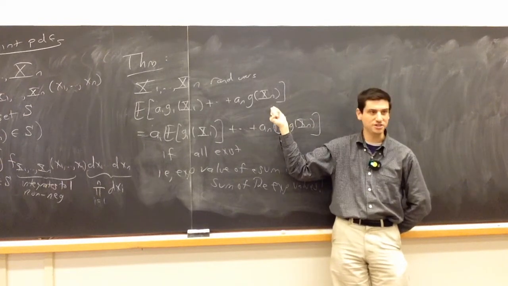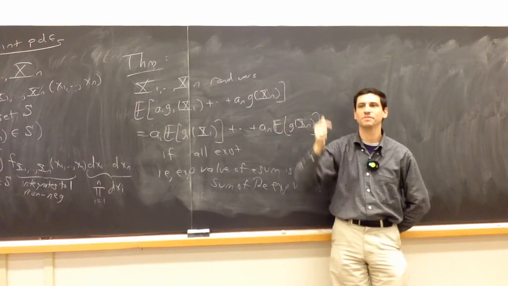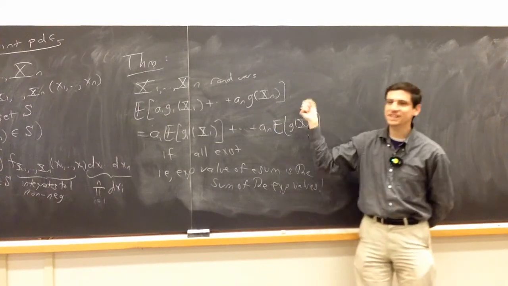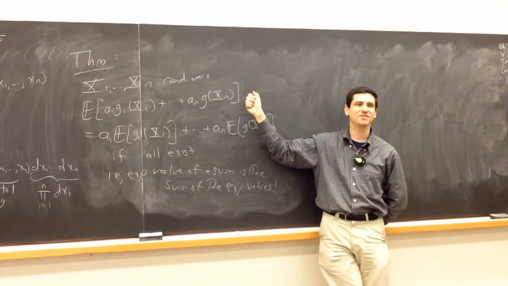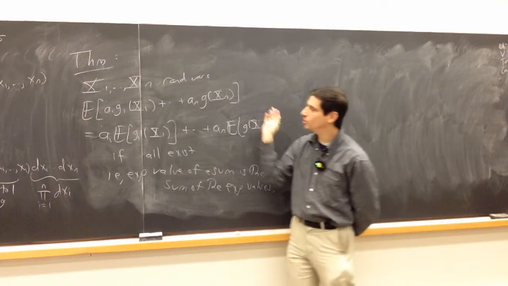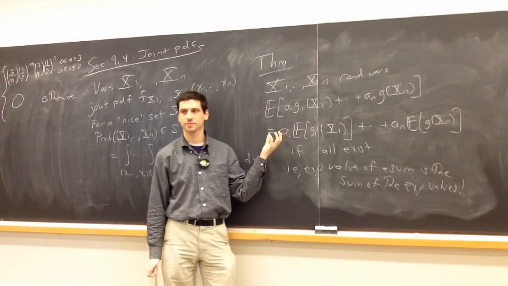I mean, it makes the proof a lot easier. Why don't we just assume that they're independent? It greatly limits its usefulness if they have to be independent. One of the whole points of this is to allow ourselves to look at situations where we do not have independence and get nice results.